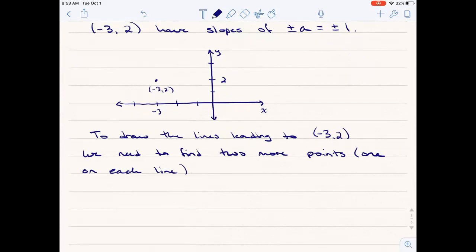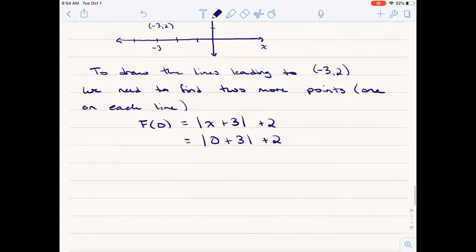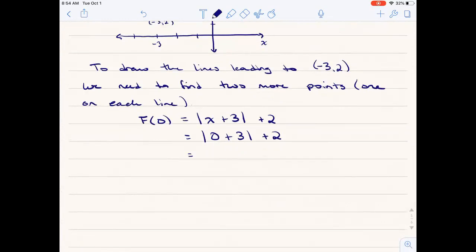Okay. So what we can do, the easiest thing to do, is just to let x be 0, and figure out where it crosses the y-axis. We see that one's going to be crossing the y-axis. And so f of 0 is the absolute value of 0 plus 3, plus 2. The absolute value of 3 is positive, so it's just 3 plus 2, which is 5.